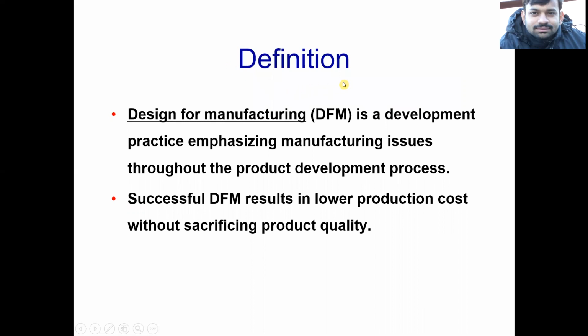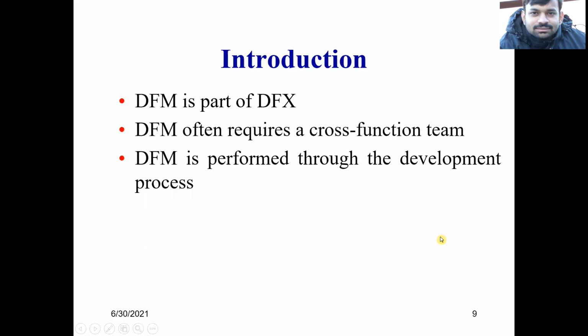Then we saw the definition and the implementation result of design for manufacturing, that is, it lowers the production cost without sacrificing the product quality. Then we saw that DFM is part of DFX. It requires a cross function team. We discussed what is meant by cross function team. DFM is performed throughout the development process.